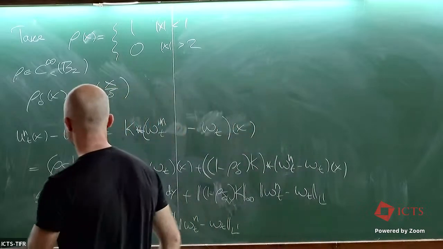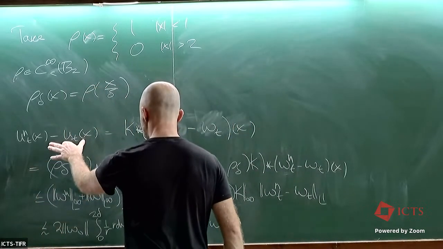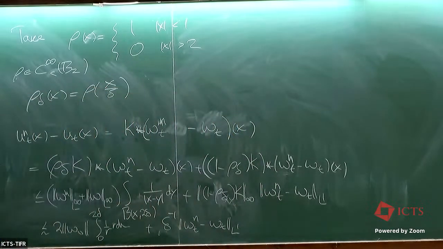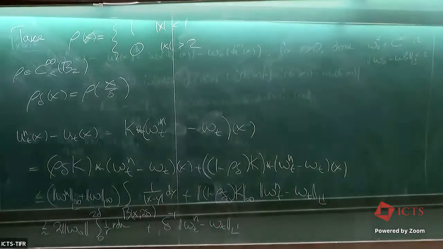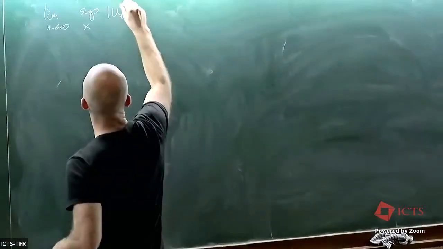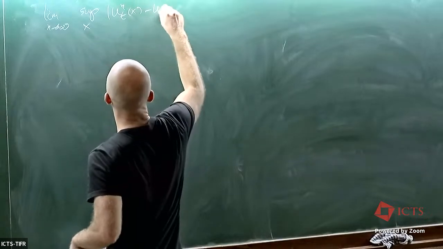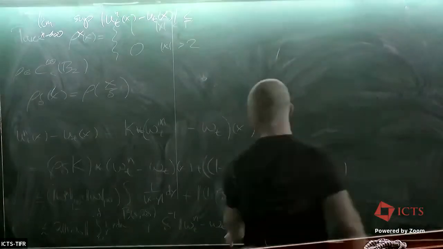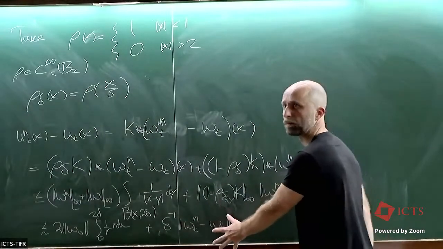Now, taking supremum in x first, and then you send n to infinity. We just showed that omega n converges to omega in L1, so this will be equal to 0 in the limit.